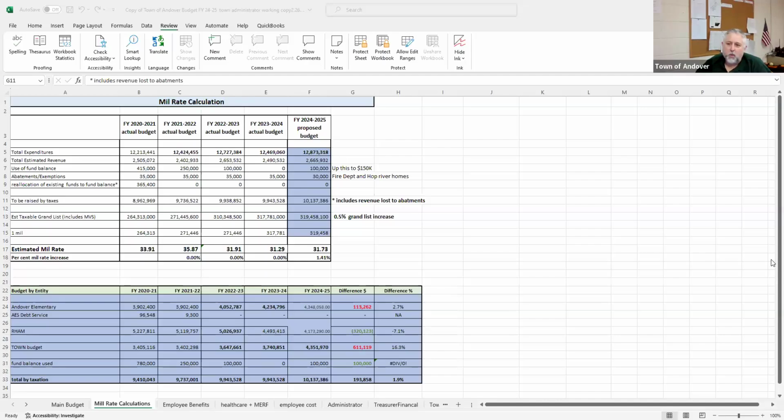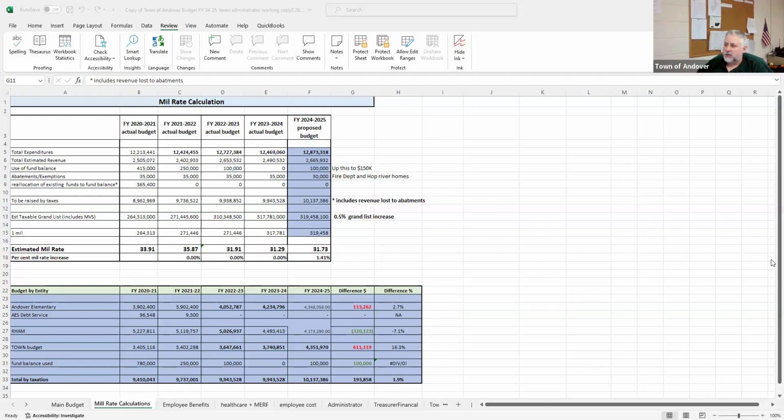Share screen. And now we go back to where we are. I did find one error that was fairly significant in the calculations. And that error has existed in the calculations for at least the last 4 budget cycles, because I went back and looked at all the other Excel spreadsheets. And that is how we deal with abatements and exemptions.